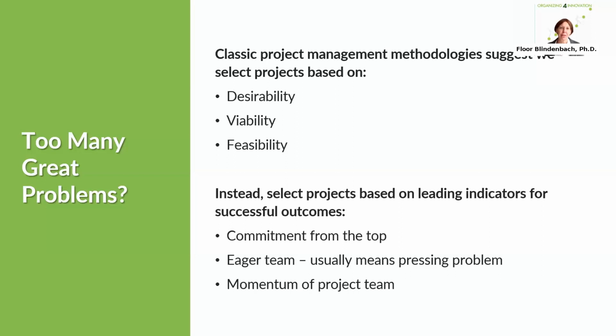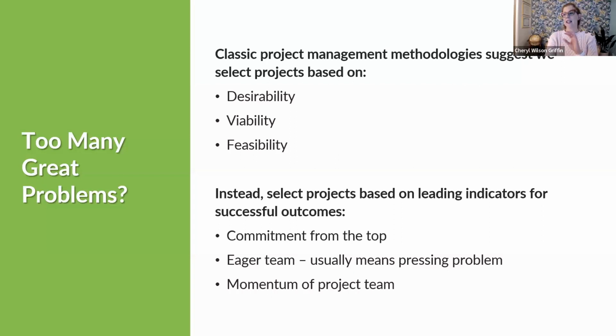They don't want to work on ideas that are not desirable, not viable, and not feasible. So when you have a dedicated team with momentum, they are onto something. Look for that momentum. It's a much better indicator of where to spend your resources than projects that score high on desirability, viability, and feasibility according to whatever metrics you're using in the firm.